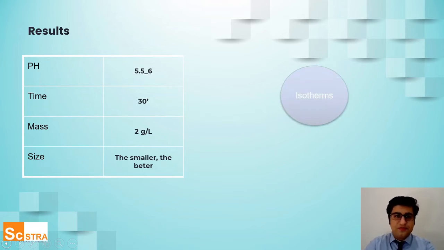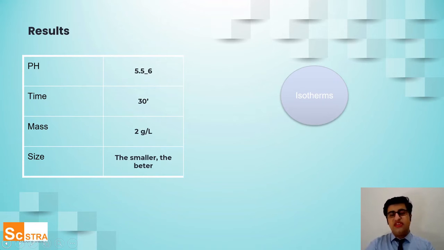About the optimal mass, the optimal amount was 2 grams per liter, and after 2 grams, again, there is no significant change in result, or if there is, it's less than 1%.